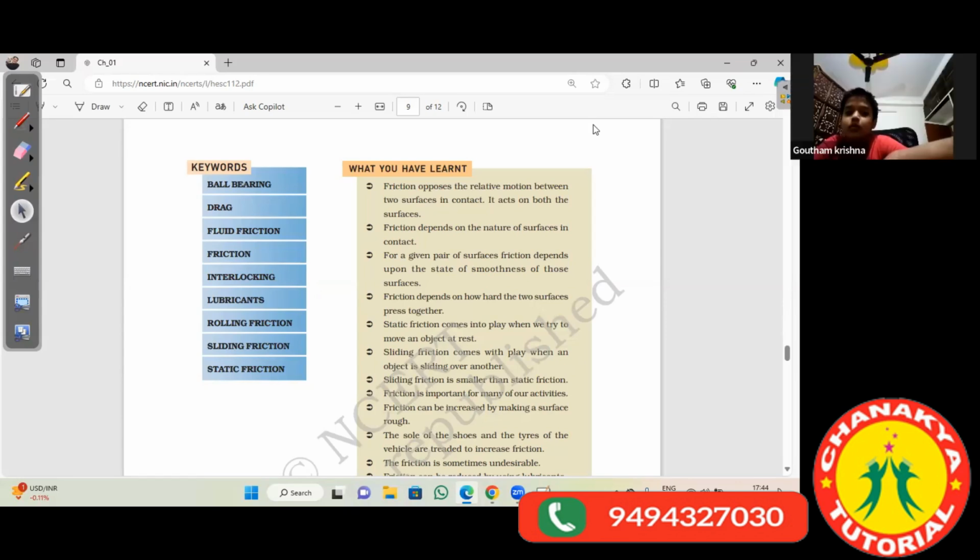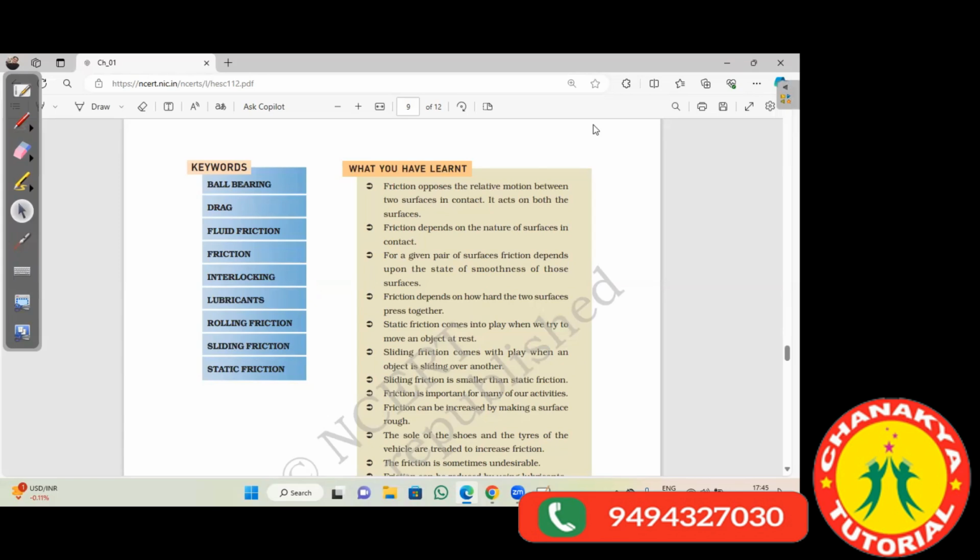Sir, pulling it backwards. Okay, so drag is like pulling it backward. It is a force that pulls a substance backward. A force that pulls a substance backward, we call it drag.